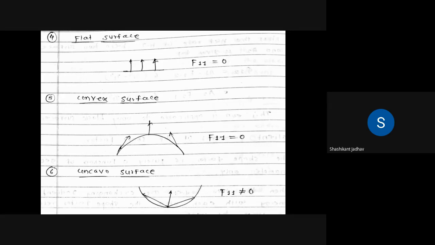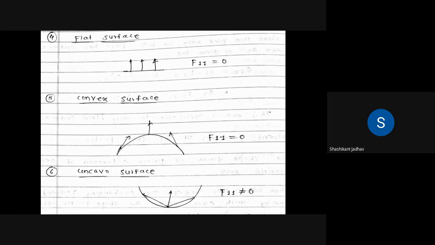Okay, next write down the concave surface. Draw the diagram for the concave surface. Now in the concave surface, some of the energy will strike on that same element. Whatever the energy transfer from that element 1 and striking on the same element, that amount is not equal to 0.